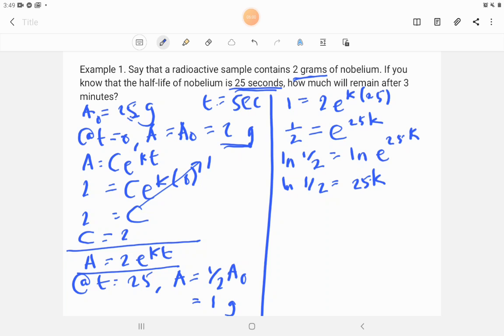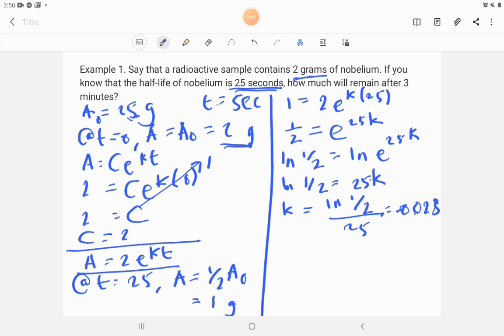So k now is equal to ln of 1/2 divided by 25, which is negative 0.027 or 27 something, which can be rounded off to negative 0.028.